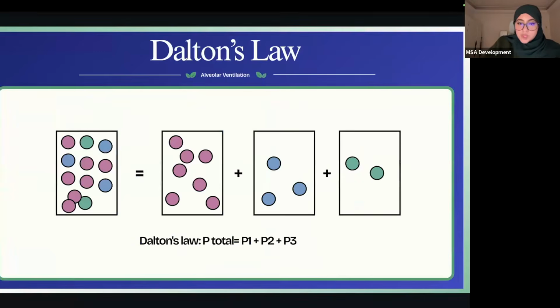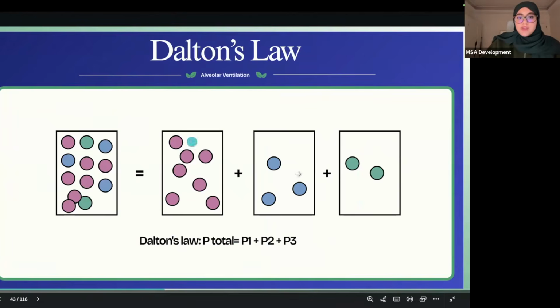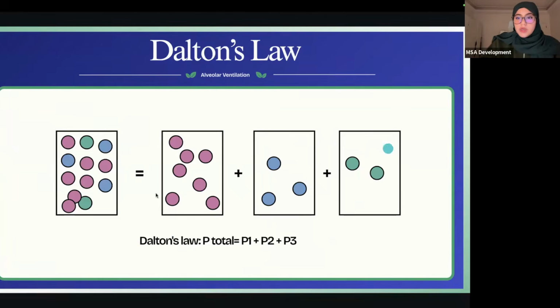Okay, so remember when we talked about how all the air in the atmosphere is made up of tinier airs, like partial pressures? This is basically what Dalton's law says. Dalton's law just means that each individual pressure combines together to form a total pressure. Very simple, right?